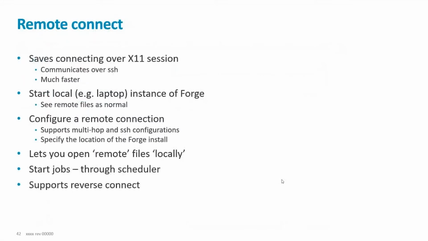For remote connect, it communicates over SSH. There's the SSH tunnel, and you have to preset all the details to connect to your cluster. You can use it either from the login node or your local workstation.